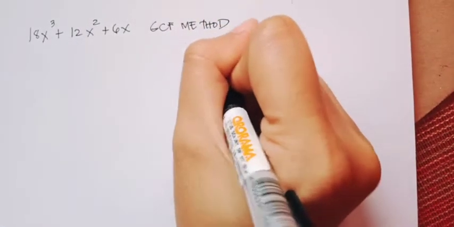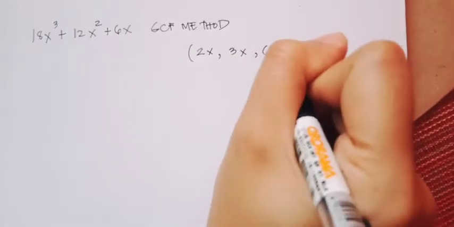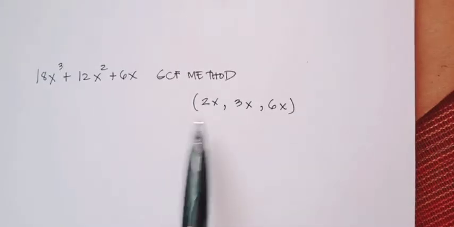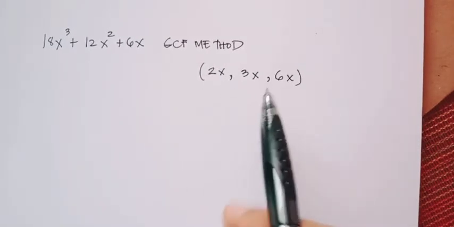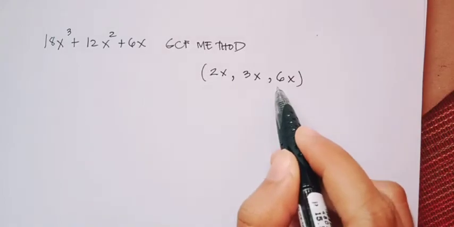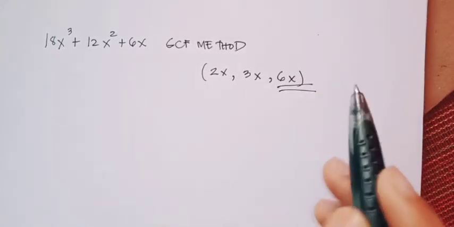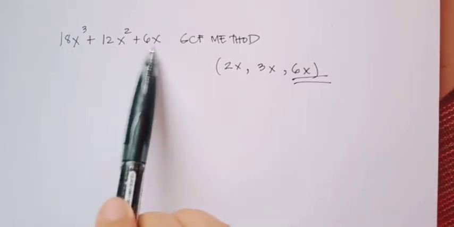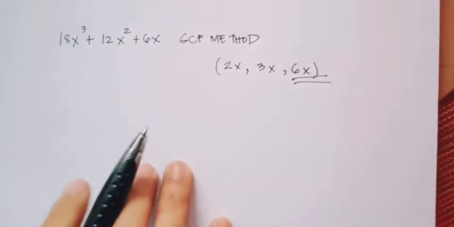So that would be 2x, 3x, and 6x. As I said earlier, we will look for the greatest one. So I think 6x is the greatest factor that divides this given example.